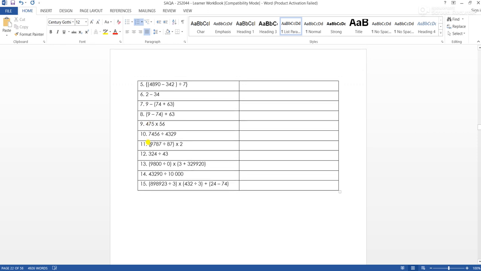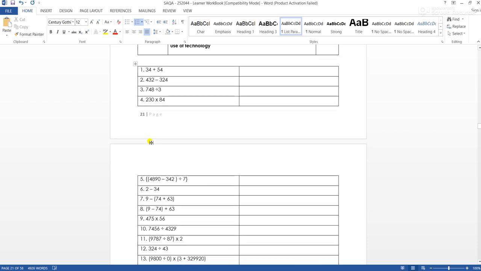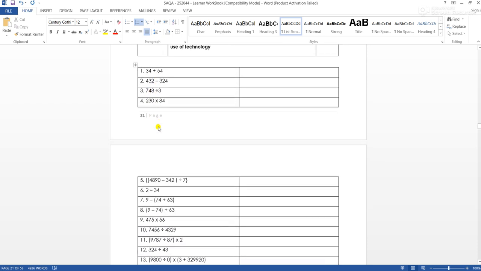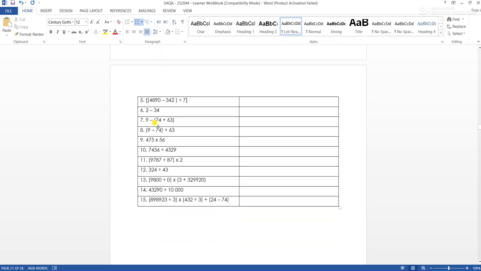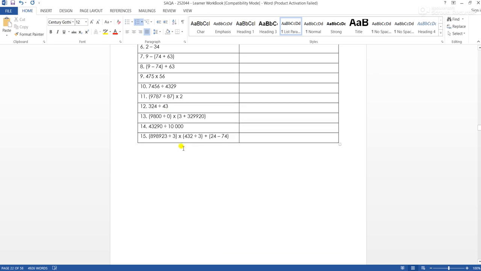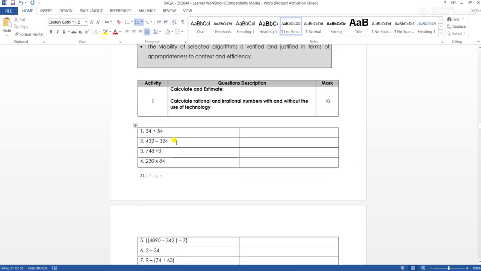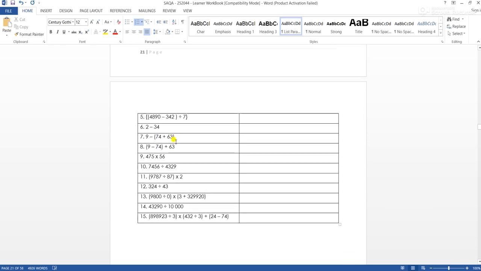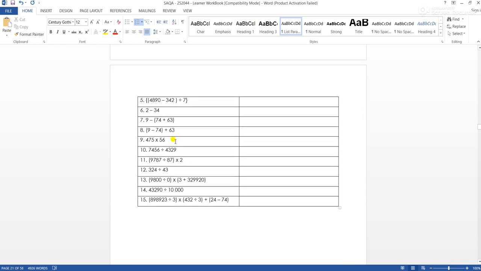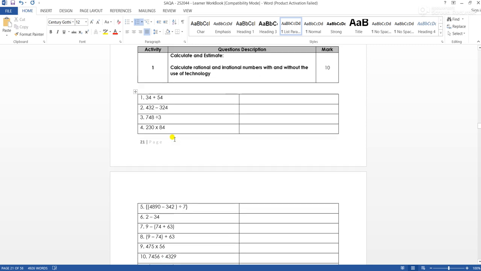In this instance, you'll have to use the BODMAS rule, where you see brackets. This is just your simple calculation that you can come up with. You'll have to come up with answers.